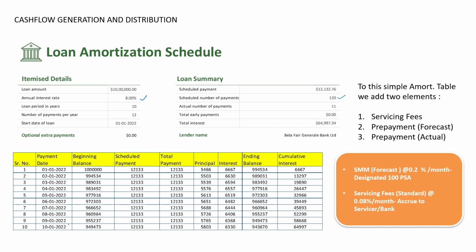So in this case, starting with the beginning principal amount of $10 million, the scheduled payment has an interest component as well as the principal component. The cumulative interest and the principal being paid are recorded here.